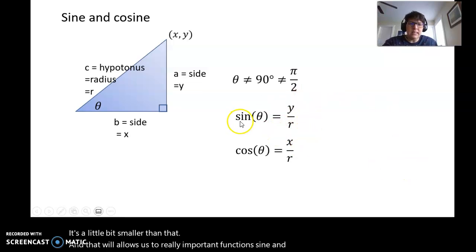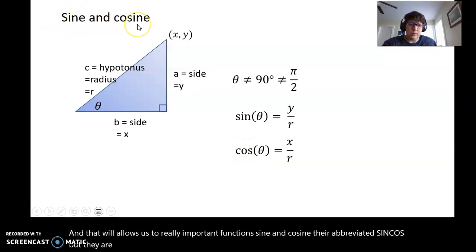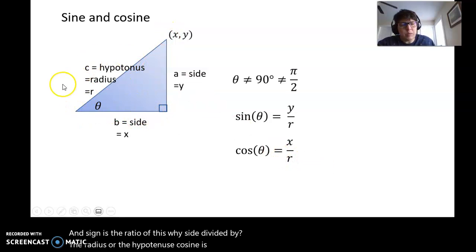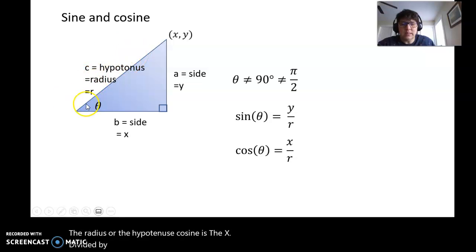They're abbreviated SIN and COS, but they are pronounced sine and cosine. And sine is the ratio of this y side divided by the radius, or the hypotenuse. Cosine is the x divided by the radius.